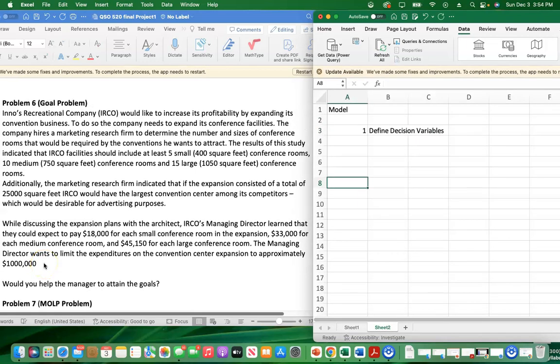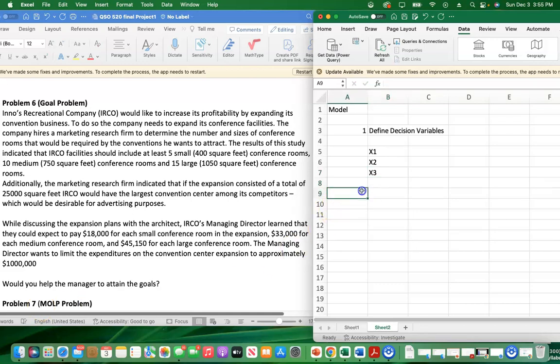You can see from this problem that the fundamental decisions are how many small, medium, and large conference rooms to include in the expansion. This can be represented by x1, x2, and x3. Those are our decision variables.